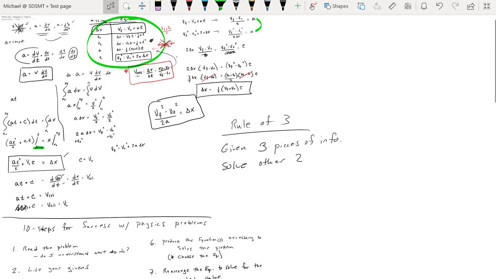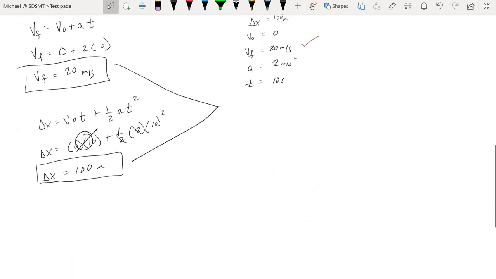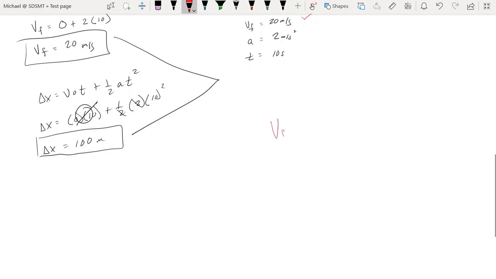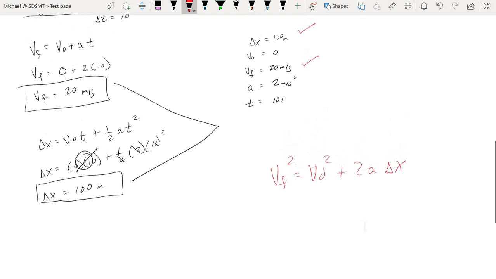So we've used the first and the third equations. So let's pick an equation that we haven't used yet. Let's go with the last equation in line. So V final squared equals V initial squared plus 2a delta x.